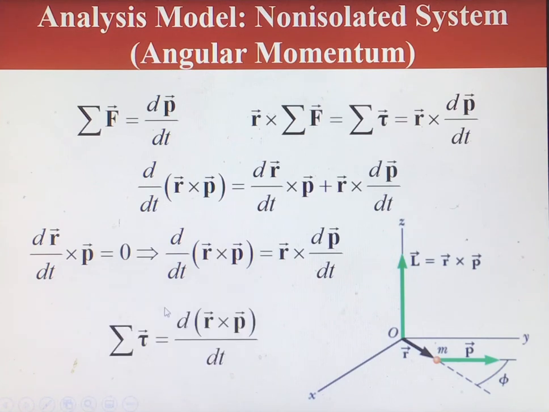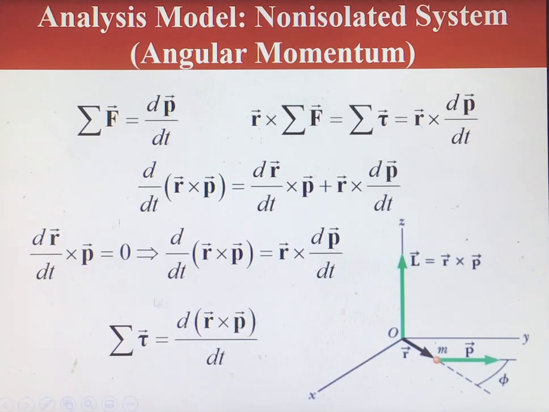And so we can say that the sum of the torque acting on the system can be written as the derivative of the cross product of the displacement vector and the momentum vector as a function of time.